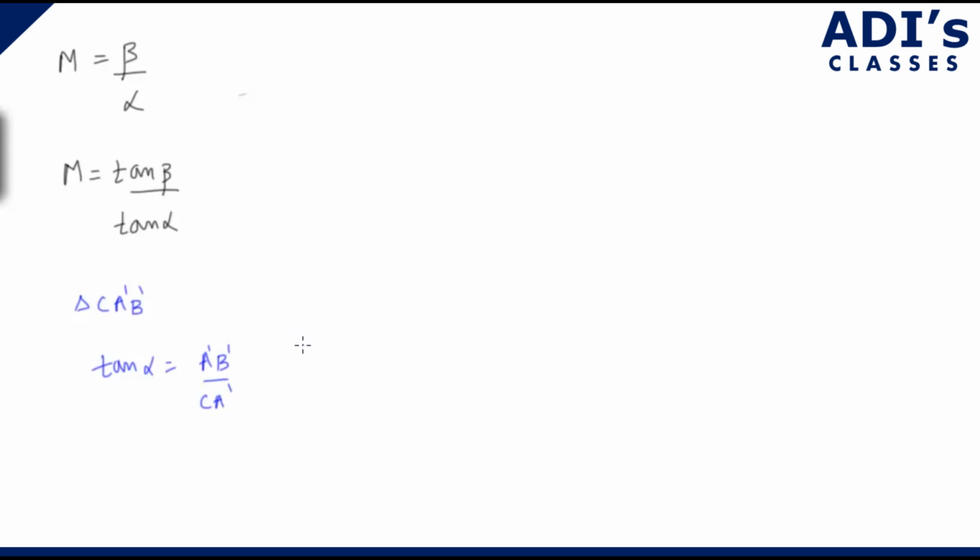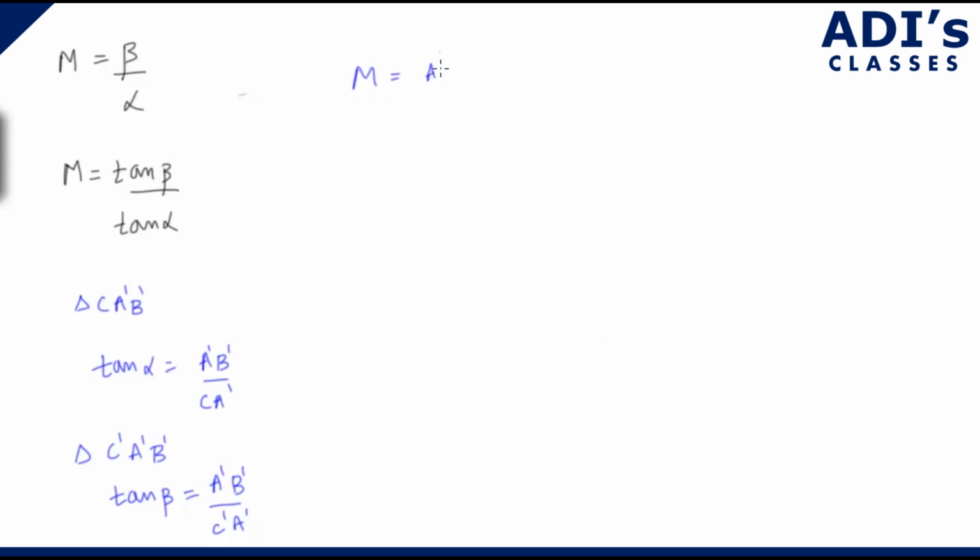Then we have to figure out tan of beta. In tan beta, again we take the triangle, I'm sorry, we have to take C dash A dash B dash, not C A dash B dash. So in triangle C dash A dash B dash, tan beta is equal to A dash B dash divided by C dash A dash. So this is what we have.